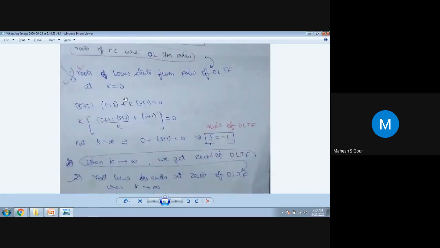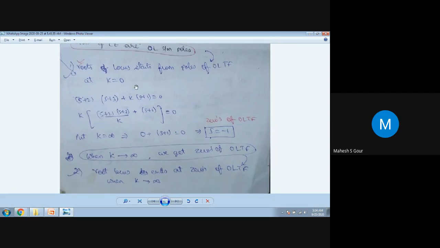Similarly, if you find it difficult, you can rewind the video later, or you can just remember that the root locus starts from the poles of the open loop transfer function. In the second case, you are varying your k till infinity.